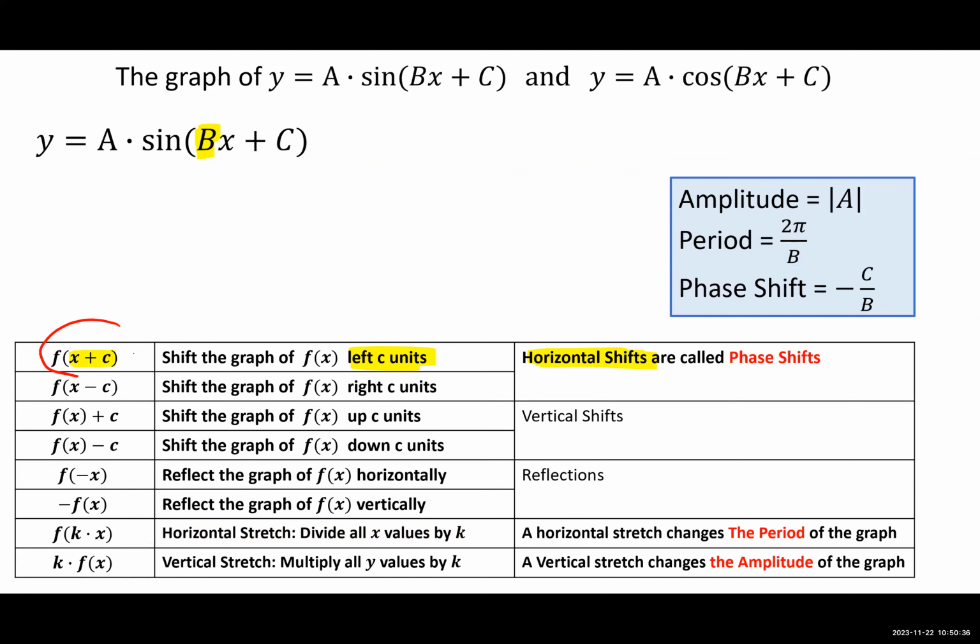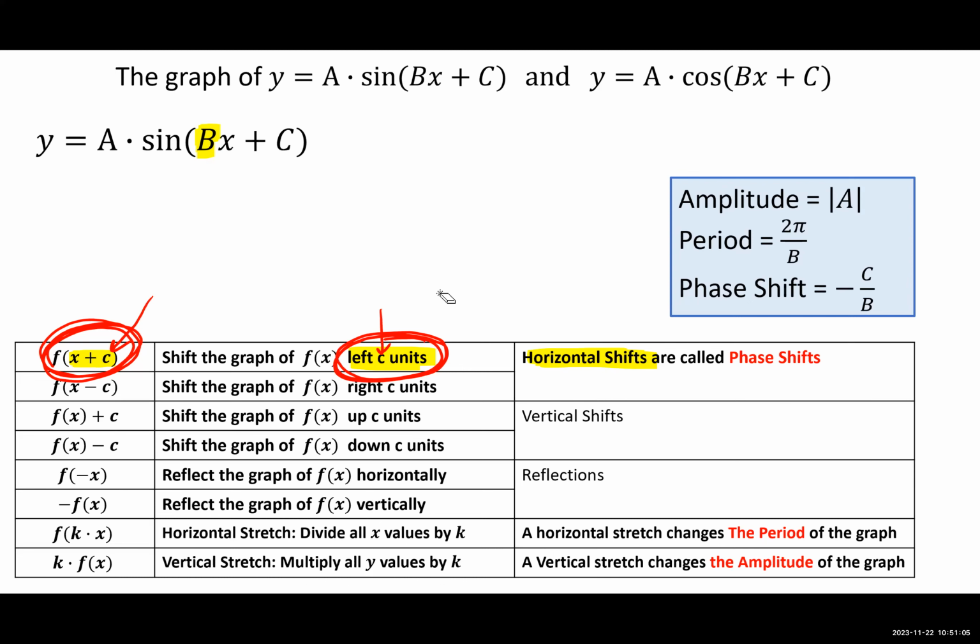Because you see right here, if there's a plus c inside the function, you're going to move the graph to the left c units, right? A plus goes in the minus direction, a minus goes in the plus direction, right? But these two numbers are the same. If there's a plus 5, it moves 5 units. But over here, you see not minus c, it's c over b.